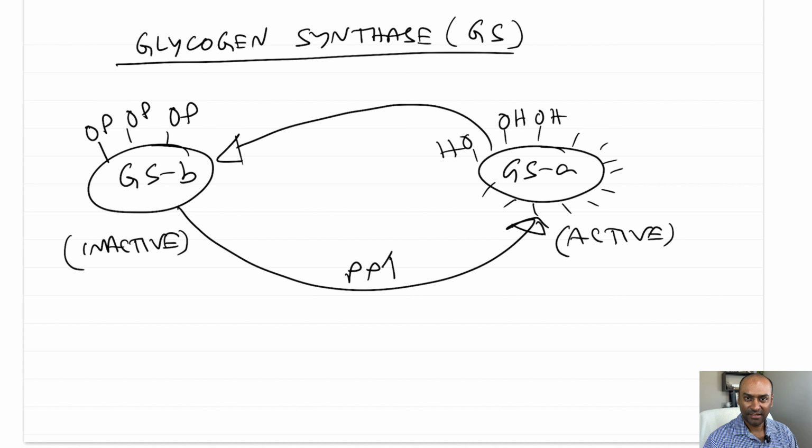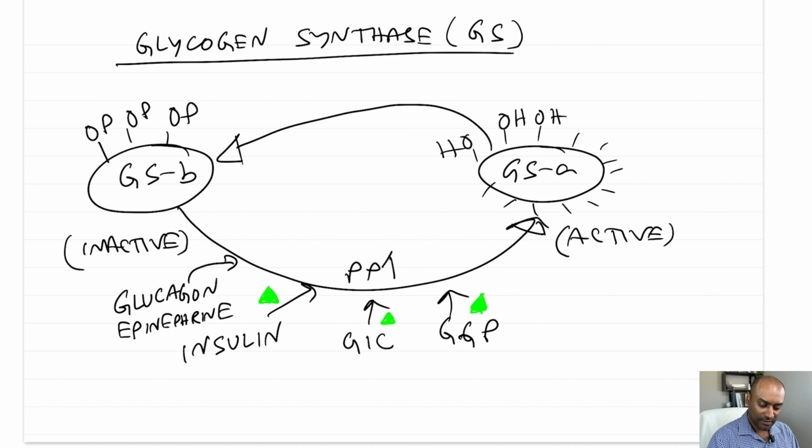All of these are going to upregulate the activity of the phosphatase. But glucagon, on the other hand, is secreted under starved conditions. We don't want glycogen synthase to be active under starved conditions. So that's why glucagon and epinephrine will deactivate the phosphatase, which is what I have shown right here.